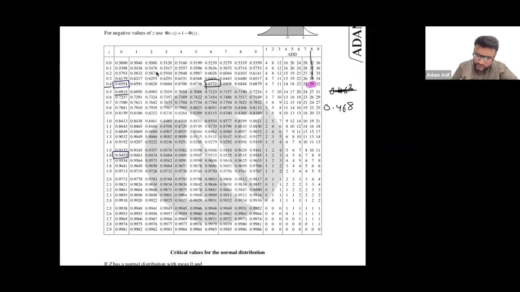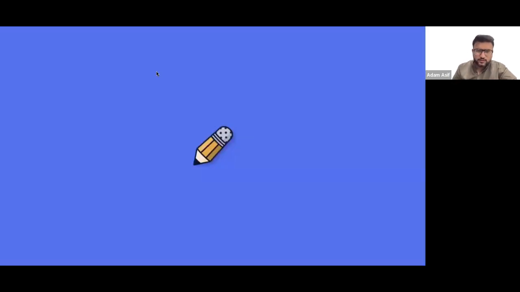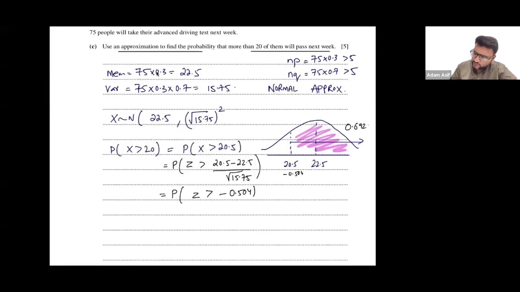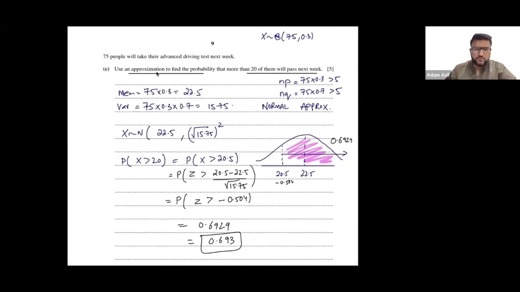That's going to be 0.6915 plus 0.0014. So we get 0.6929. Three significant figures is going to be 0.693. That's the working for question 5, part C.